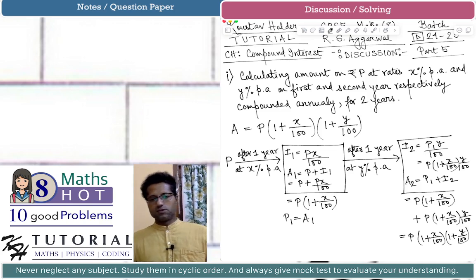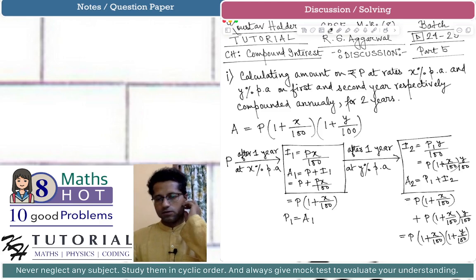The amount A is equal to P multiplied by 1 plus x by 100 multiplied by 1 plus y by 100. This is the formula for the amount on the principal P for 2 years, where the rate of interest is x% per annum for the first year and y% per annum for the second year.